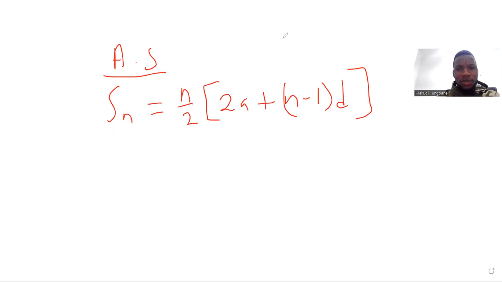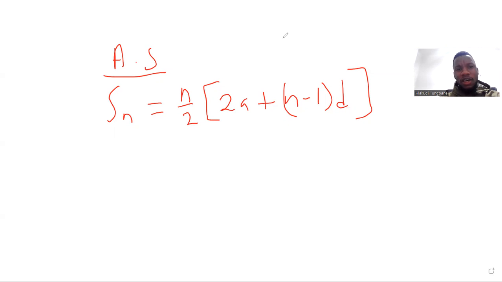In terms of what the formula means, of course the question will ask you to determine the sum of, let's say, the first n terms in a sequence. So essentially it gives you the sum of the first n terms in the sequence that you have.